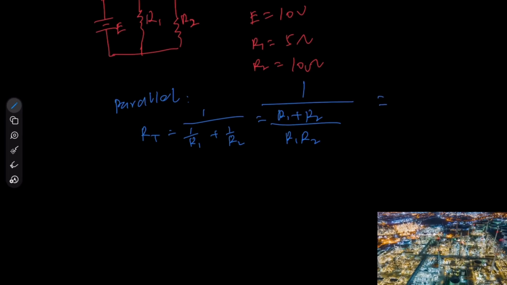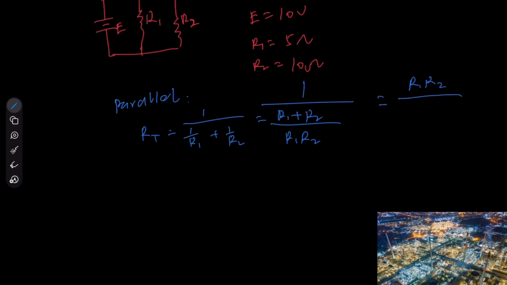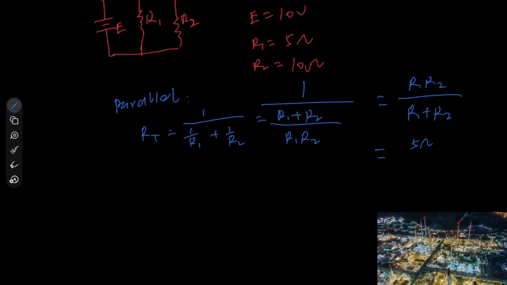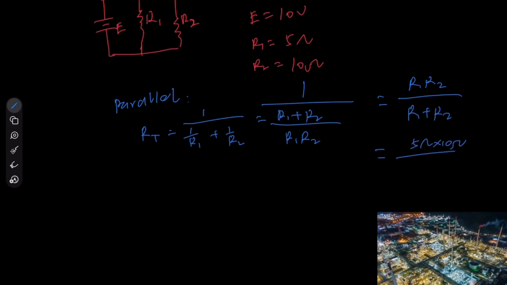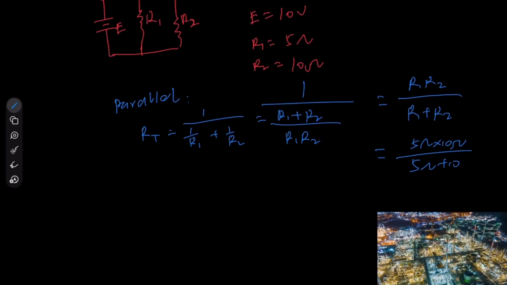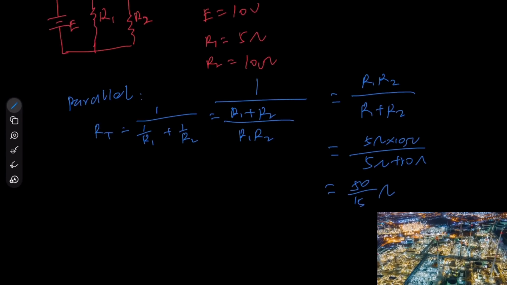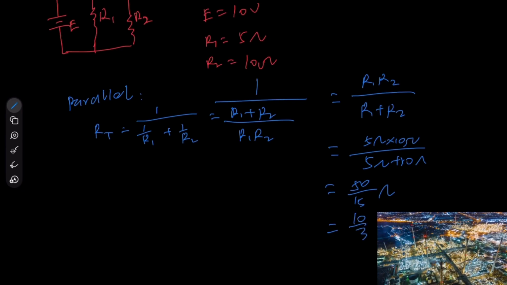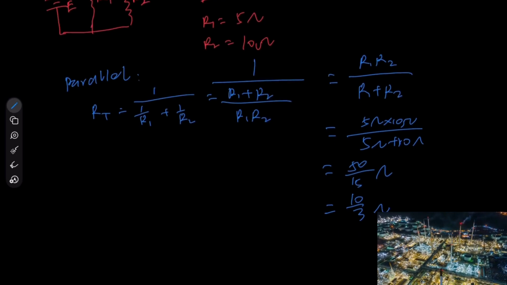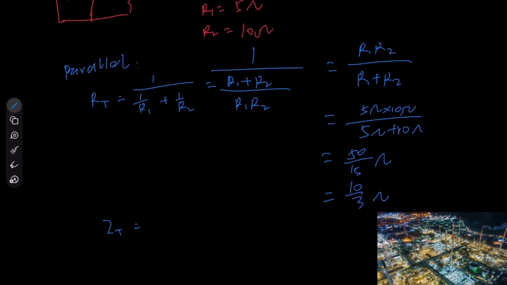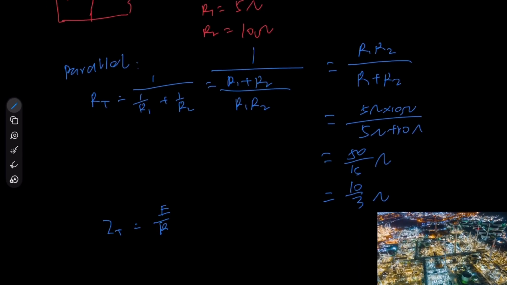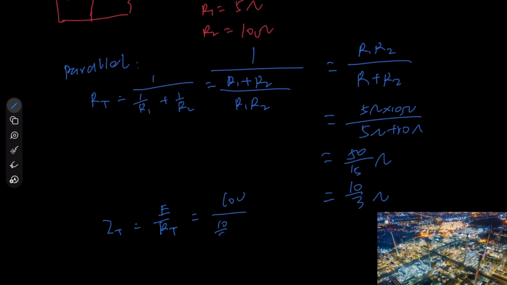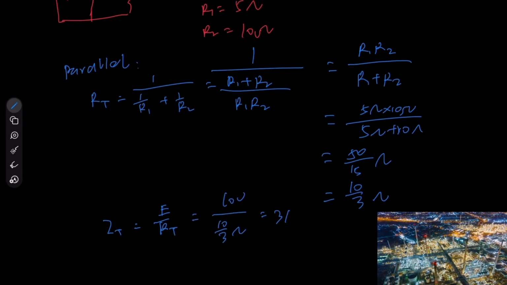Then we can flip the number: RT equals R1 R2 divided by R1 plus R2. That will give us 5 ohms times 10 ohms divided by 5 ohms plus 10 ohms, so that will give us 10 over 3 ohms. So IT will equal E over RT. That will give us 10 volts divided by 10 over 3 ohms, which is 3 amps.